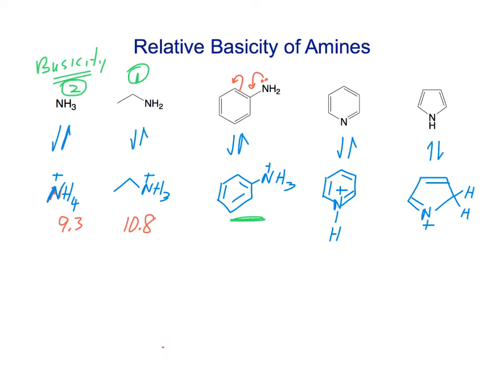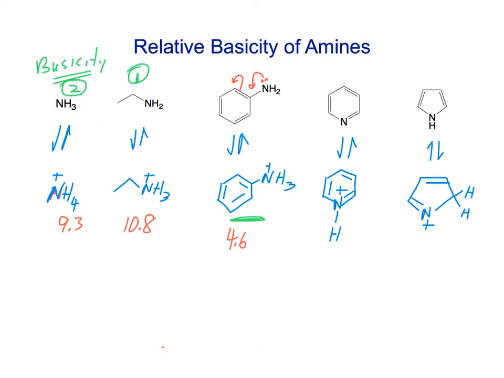And so, in fact, the pKa of the ammonium ion for aniline is 4.6. Okay, so if we compare it to the ethylamine ammonium ion, it's something like 6 orders of magnitude better acid. All right, now the aromatic ones are a little harder to figure out here.